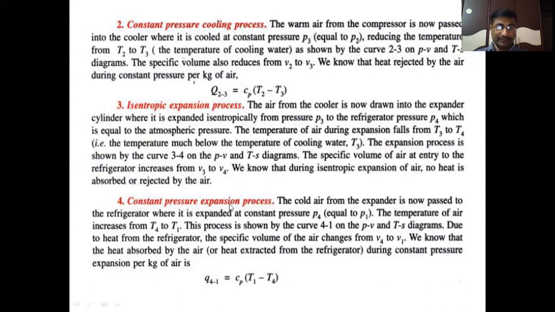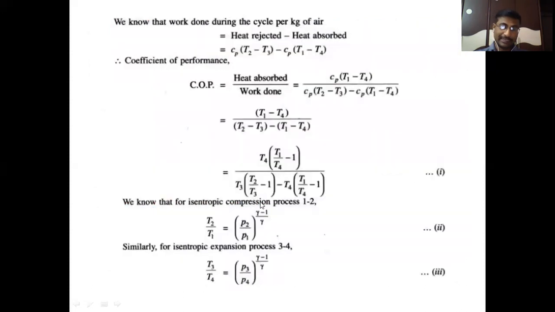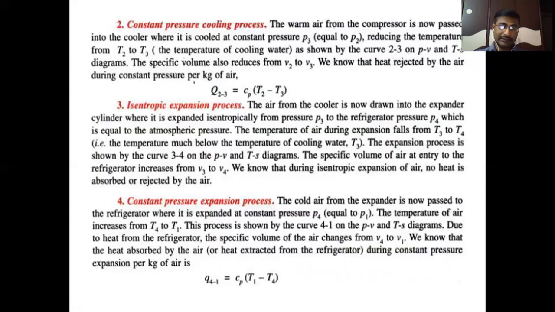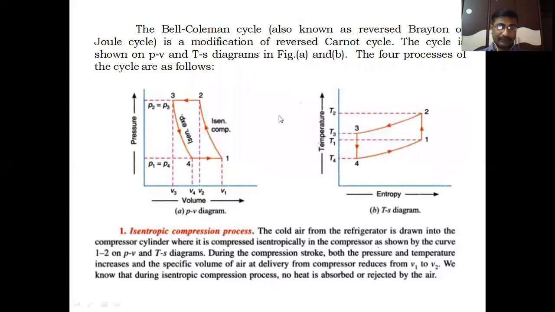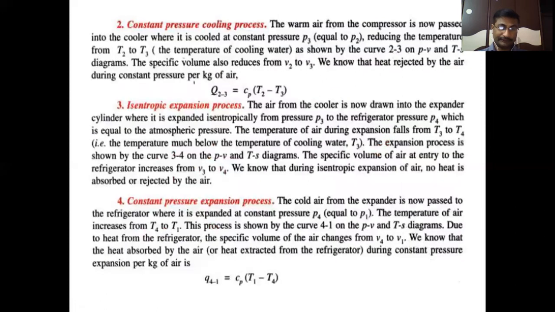Then coming to the last process, the constant pressure expansion process, 4 to 1, constant pressure P1 equal to P4. Sorry, it is the heat absorption process, constant pressure heat absorption process.